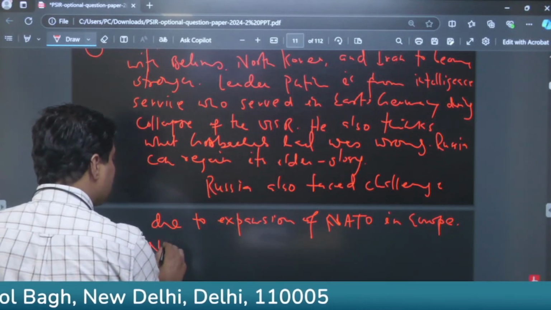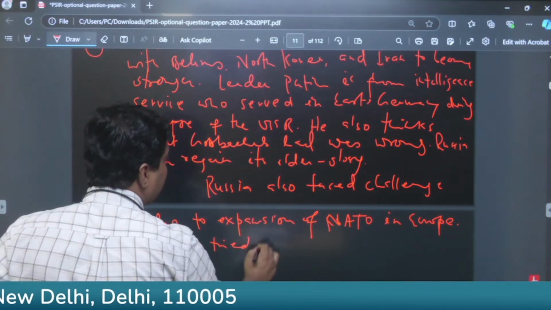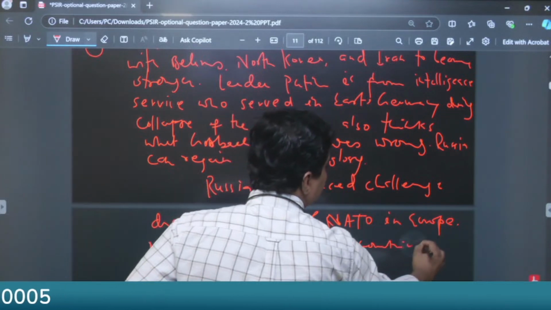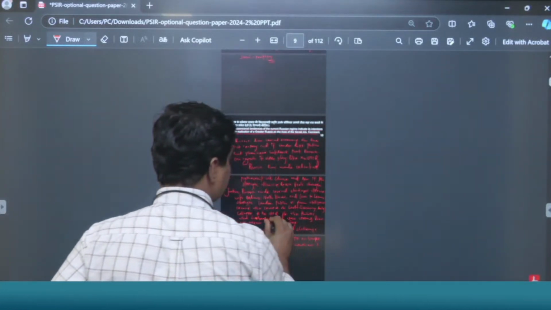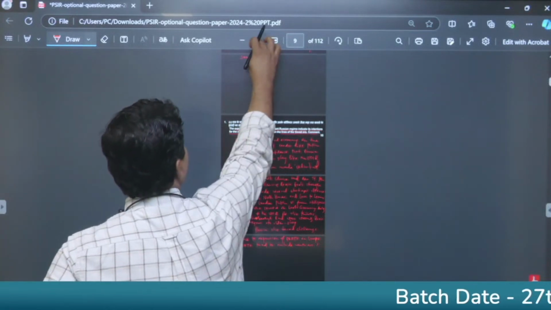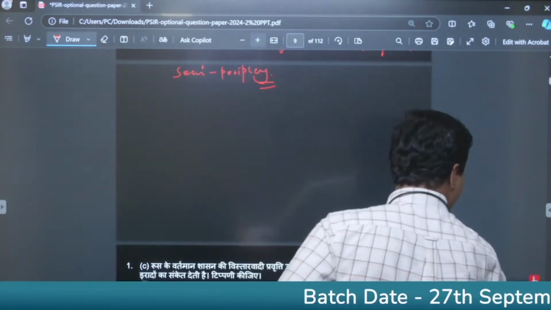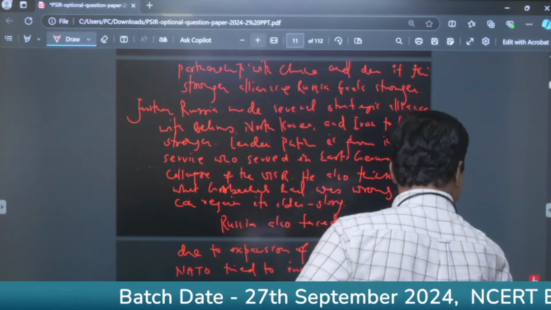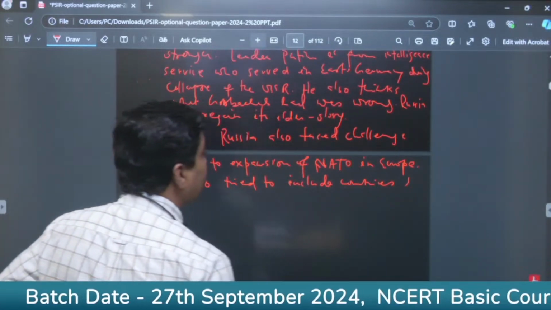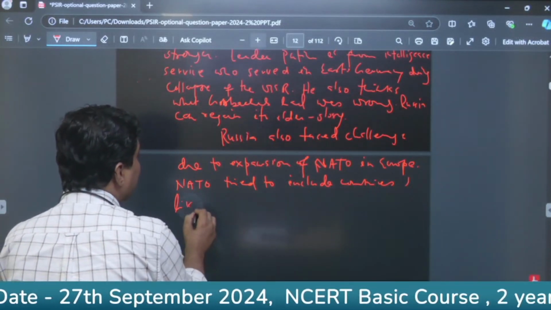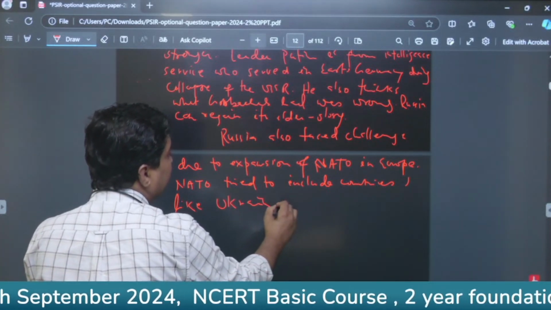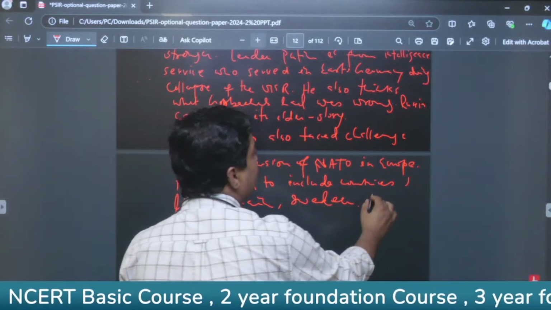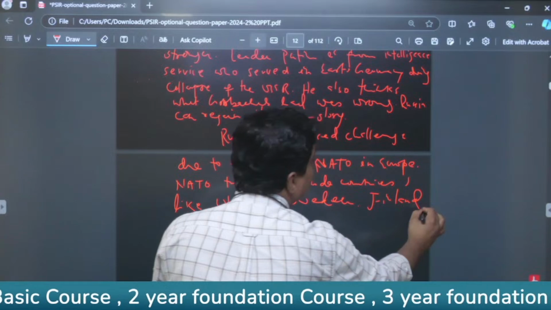NATO tried to include countries like Ukraine, Sweden and Finland.